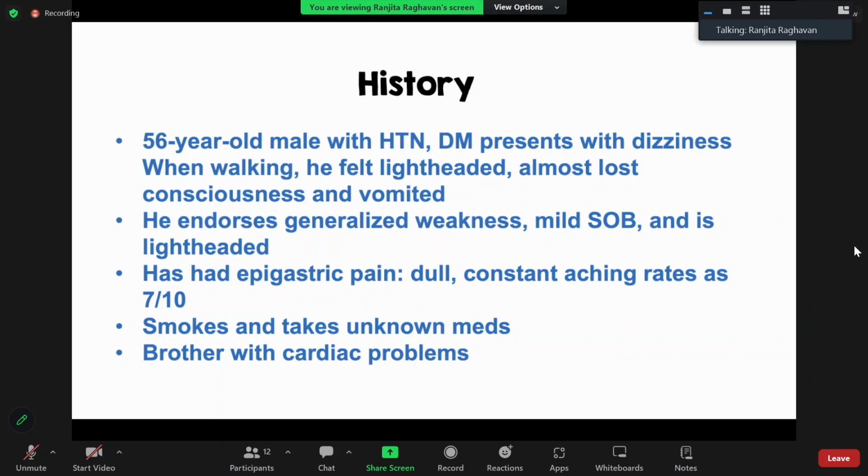He also has some generalized weakness. He feels a bit short of breath and he's a bit lightheaded and has some epigastric pain. It's dull, he says, and it's aching. He also smokes. He takes medications, but he doesn't know what they are. And in terms of family history, he has a brother with cardiac problems.